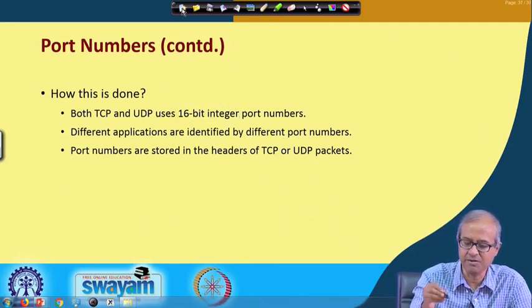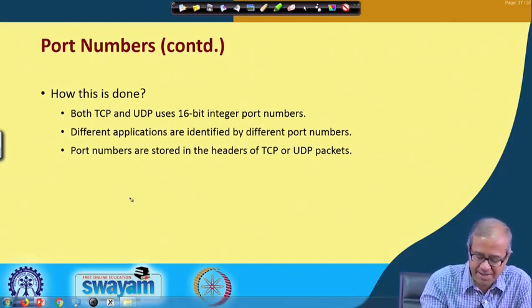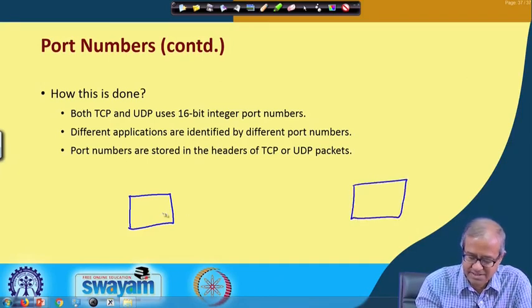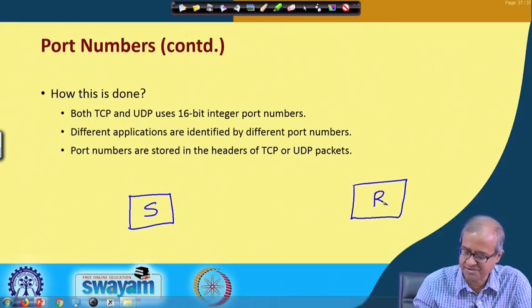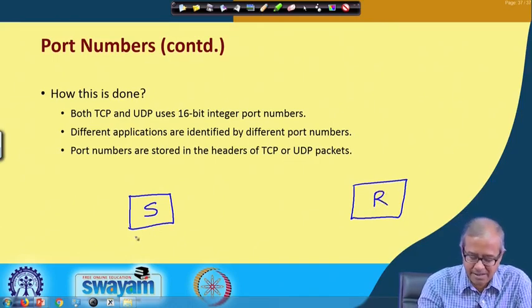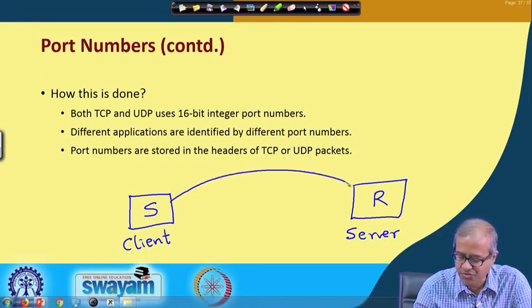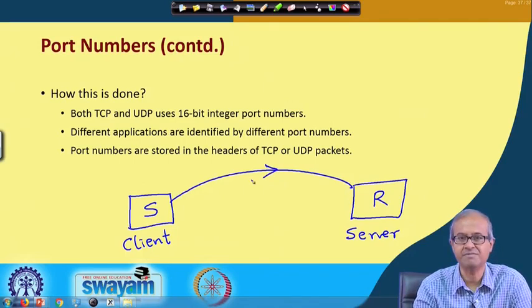Just one thing, let me tell you, well, in an internet scenario, if you think of a situation like this, this is a sender, this is a receiver. Well, often we talk about client server scenario. Let us say this is a client and this is a server. The client will be sending some request to the server.